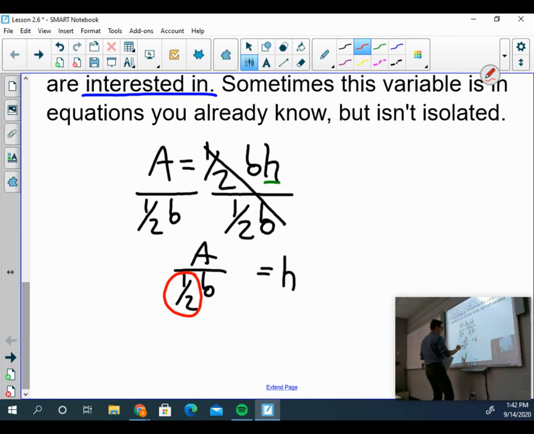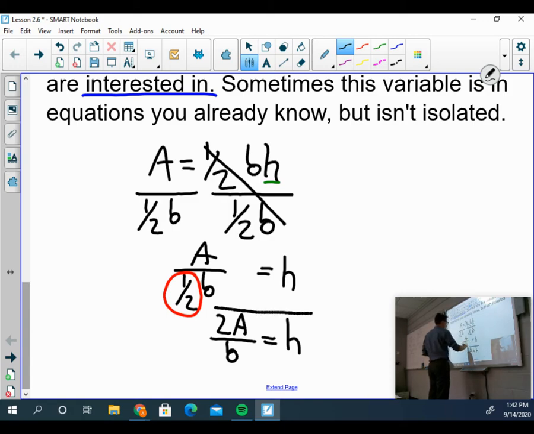So if I flip this fraction, making it 2 over 1, or just 2, I will then multiply instead of divide. And our final answer is 2a over b will give me the height of a triangle.